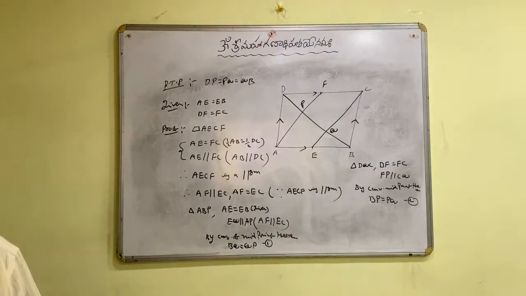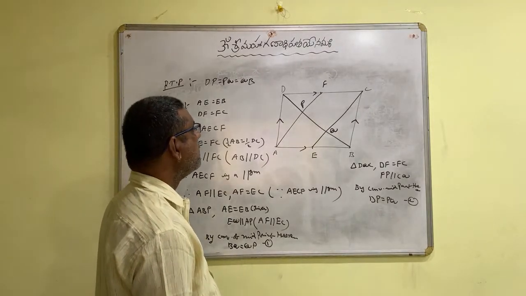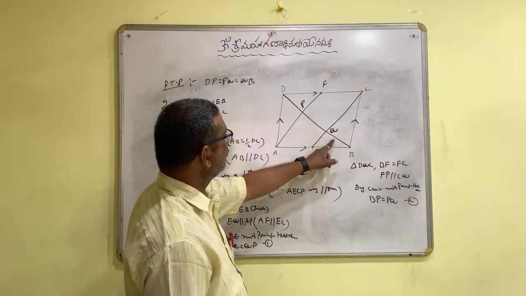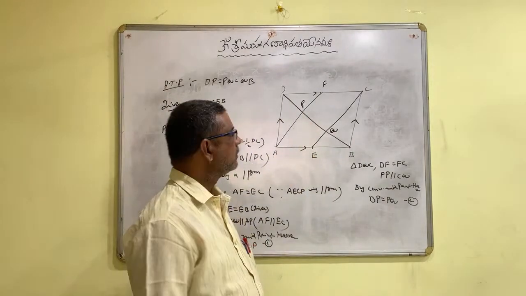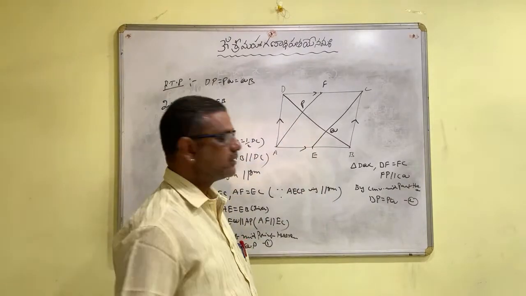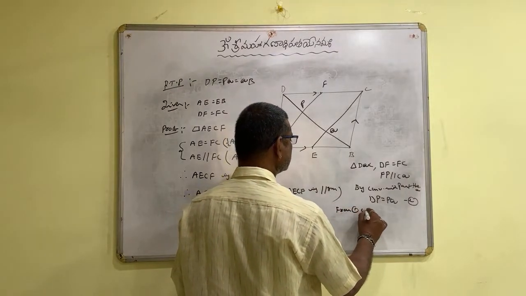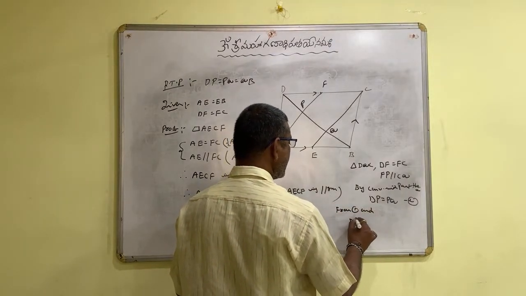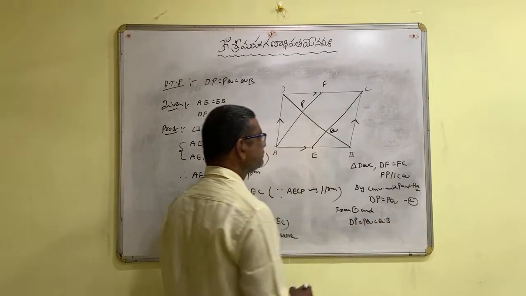Now, observe 1 and 2. These two are equal and these two are equal. DP equals PQ, PQ is equal to QB. So from 1 and 2, DP is equal to PQ is equal to QB.